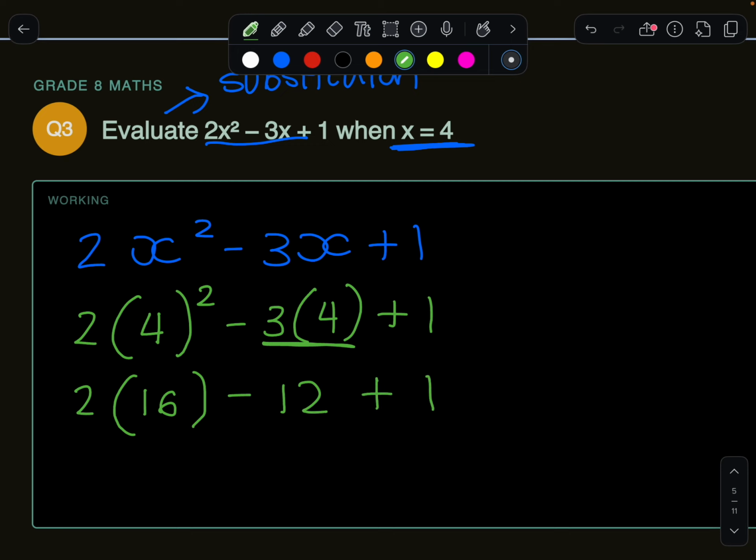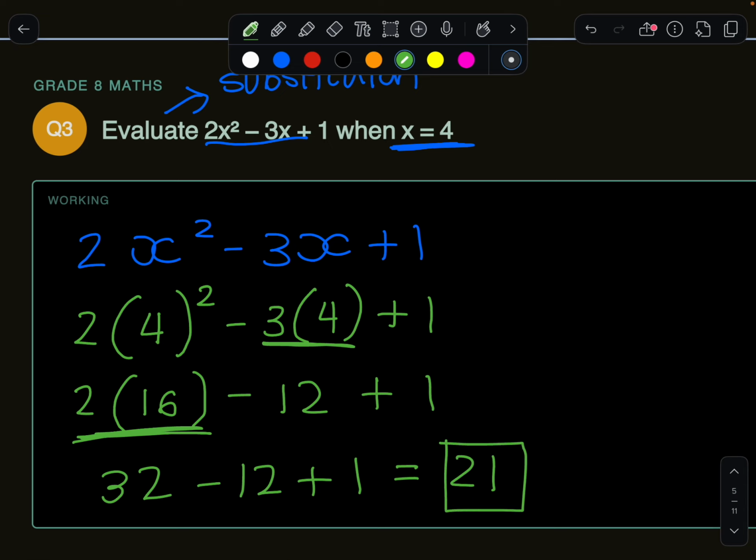Then we've got 2 times 16, so that's 32. Minus 12, add 1. So 32 minus 12 is 20, add 1 is 21. And that is our final answer here: 21.